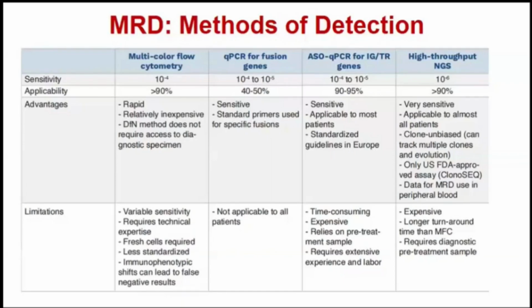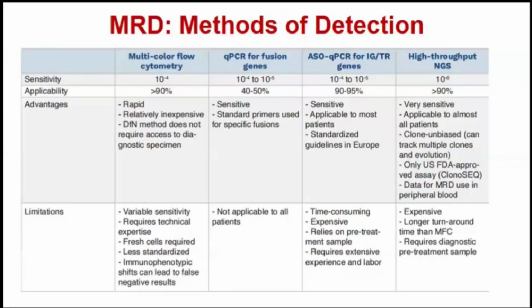And one of the most important limitations, which I always raise in different forums: suppose we are detecting an MRD of 0.0001, should I, as a clinician, be changing the treatment based on that? It unnecessarily brings out fear in the patient's family that my child is still not free of cancer.